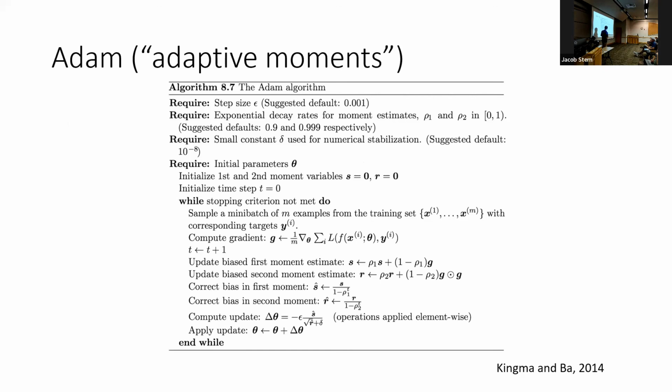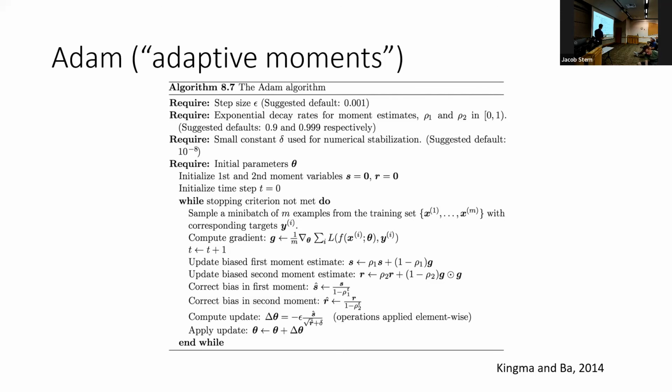And then we update our velocity by basically the momentum of our momentum, the acceleration of our gradient. And that is our parameter update, and we apply that to our weights.